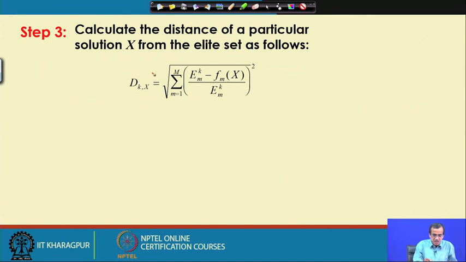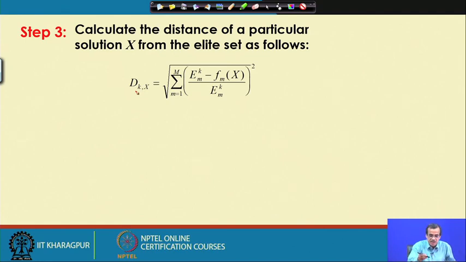Supposing that I have got only one elite solution, there will be only one distance value, but if we have more than one solution in the elite set, I will be getting more than one Euclidean distance value. Supposing I have 10 solutions in the elite set or the non-dominated set, I will be getting 10 such numerical values for this Euclidean distance.